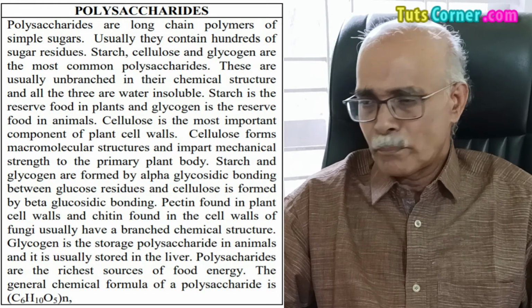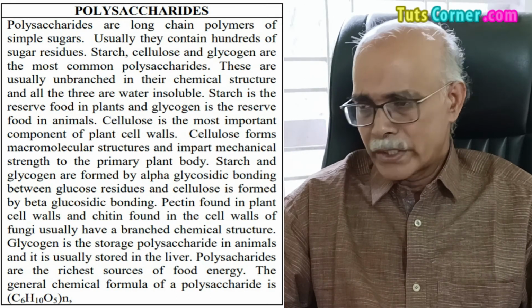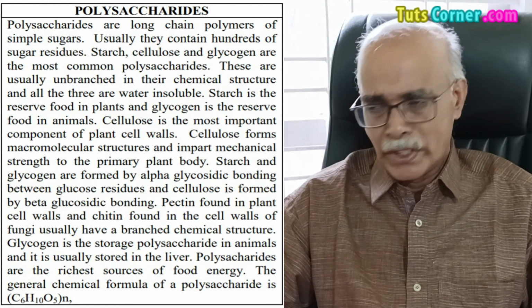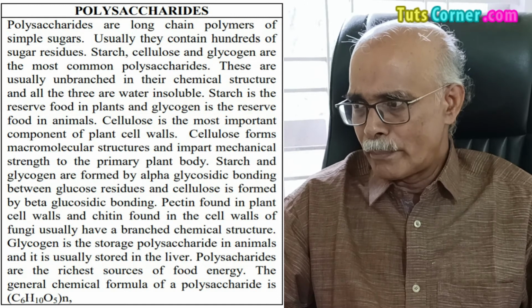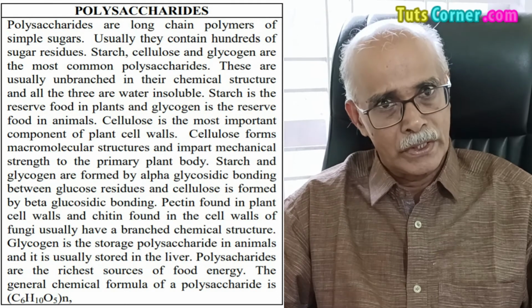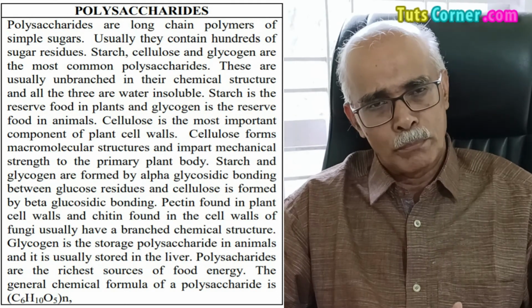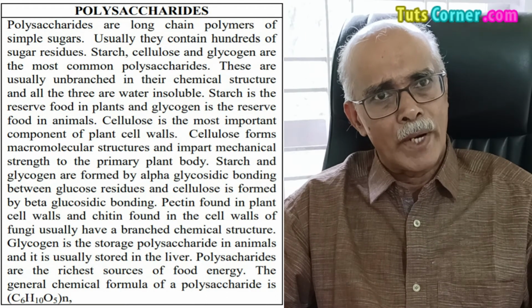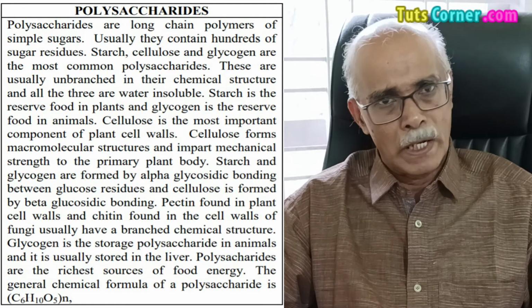Pectin found in plant cell walls and chitin found in the cell walls of fungi usually have a branched chemical structure.